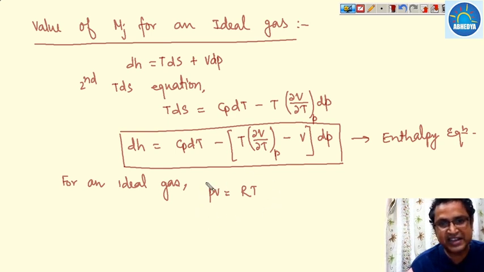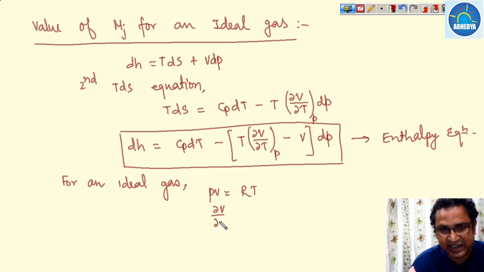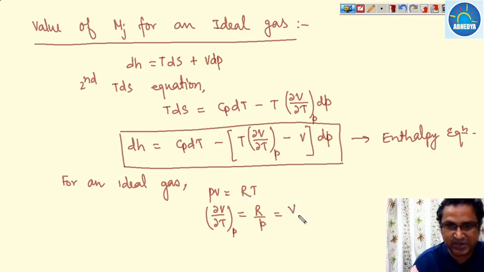So if we have to find del V over del T keeping pressure constant, differentiating V with respect to temperature gives R by P, which through this equation itself becomes V by T.